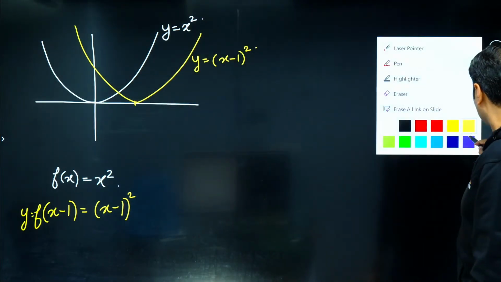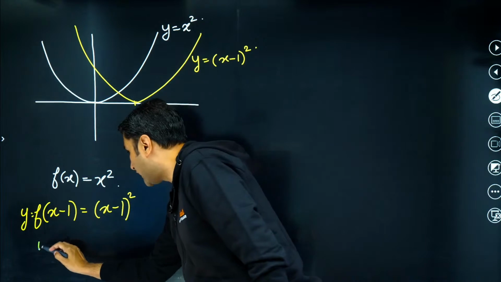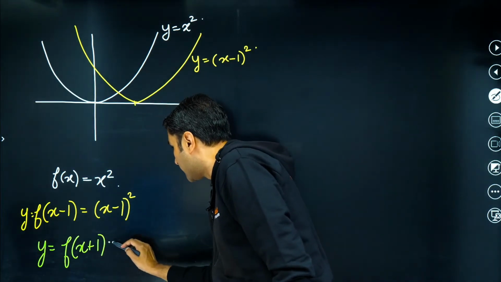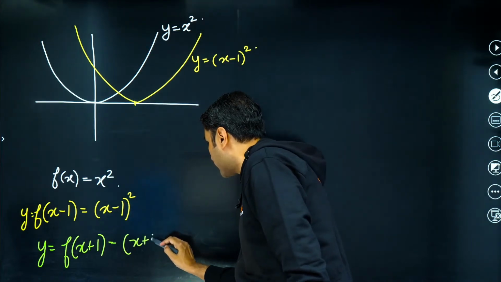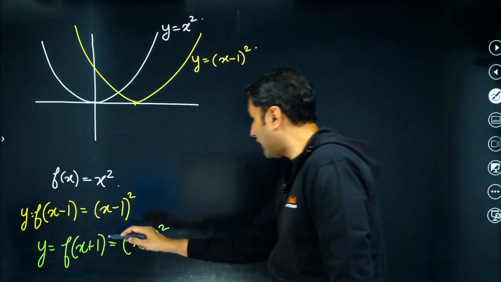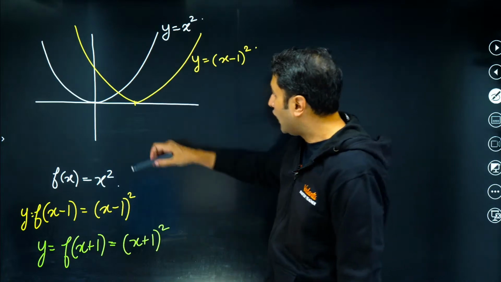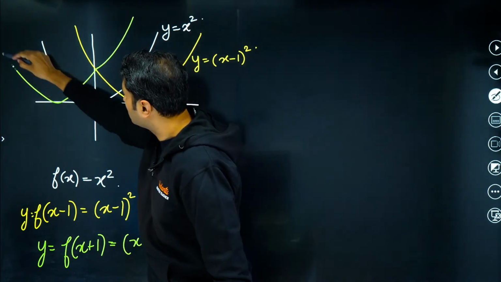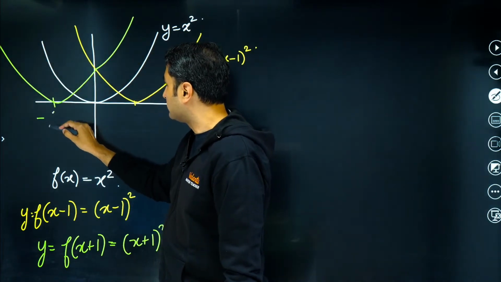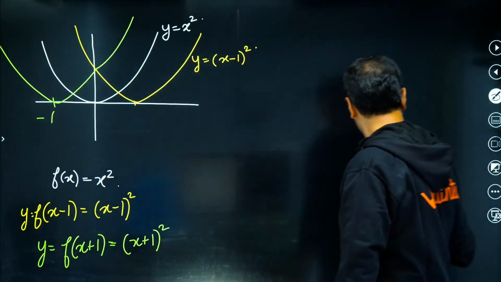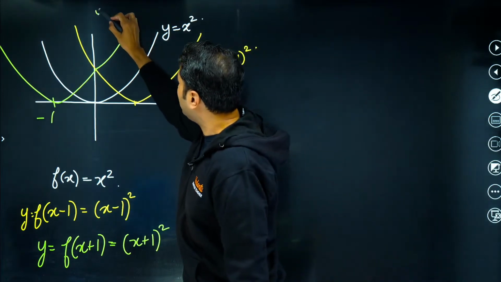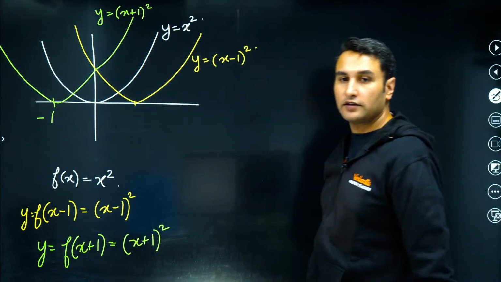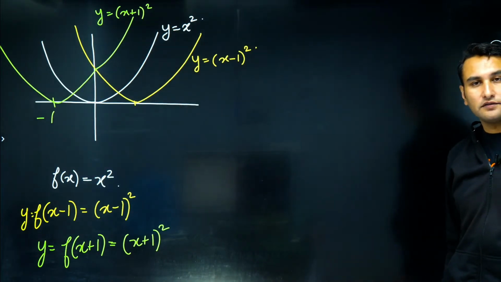Now, similarly, what if I plot the graph of y is equal to f of x plus 1, or x plus 1 ka whole square? How will it be? It will now shift to minus 1, right? So this is the graph of y is equal to x plus 1 ka whole square. Got it? That's it, as simple as that.